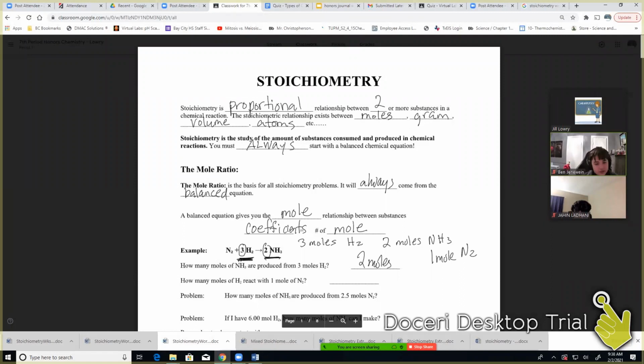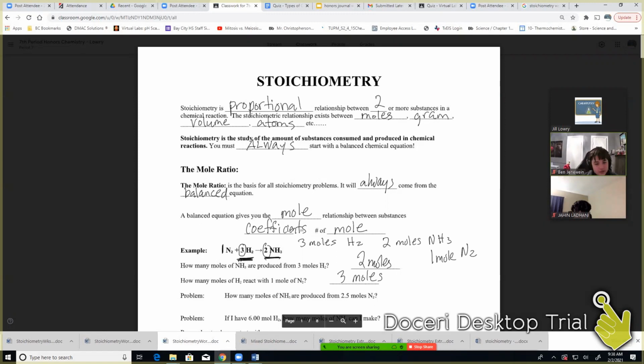How many moles of hydrogen react with 1 mole of nitrogen? Once again, that's exactly what I have here. Even though it's not written, we assume it's a 1. So 1 mole of nitrogen reacted with how many moles of hydrogen in this reaction? 3.